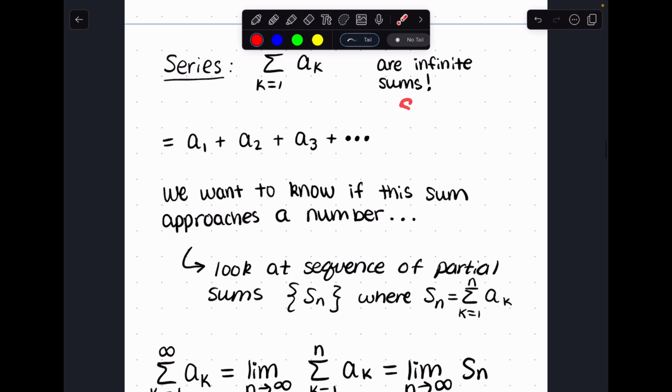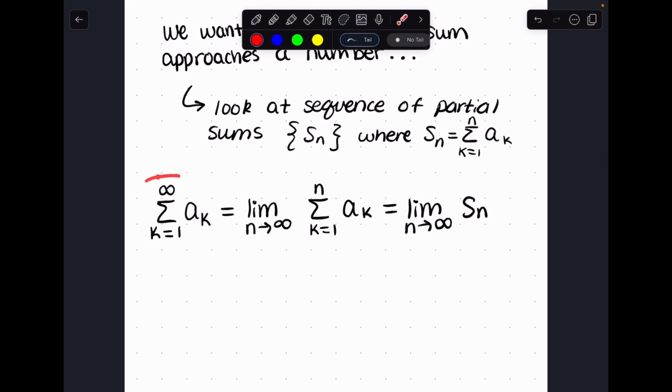So S1 would be A1. S2 would be A1 plus A2. S3 would be A1 plus A2 plus A3. And essentially what we're trying to do is figure out, does that sum level off anywhere? Does it level off? Does it approach a number? And so we look at the sequence of partial sums.